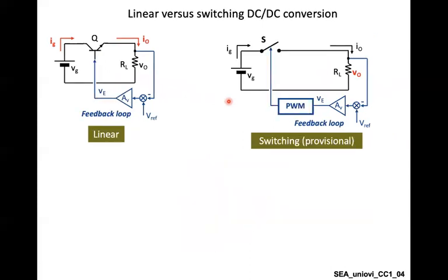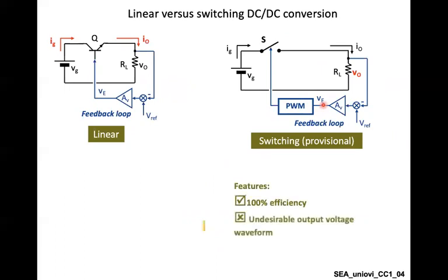So what is the process here? Then we make one step further by adding what we call a PWM, or pulse width modulator. You know that a pulse width modulator is a circuit that produces a square wave with a variable width depending on the input signal, which is VE here.